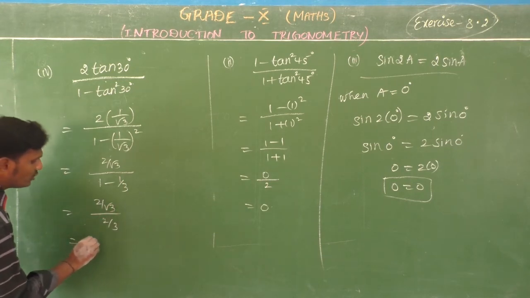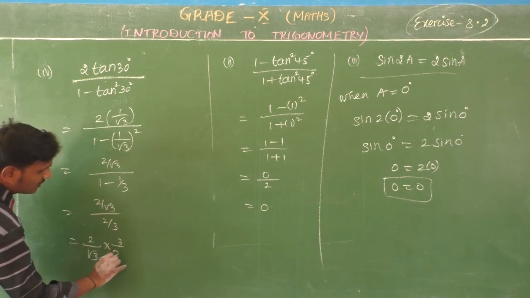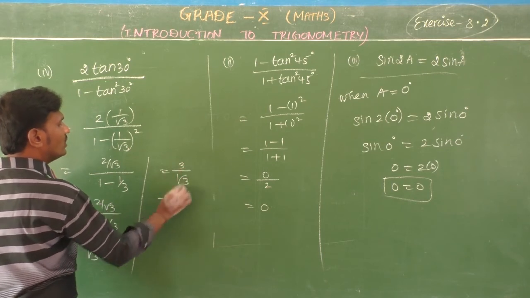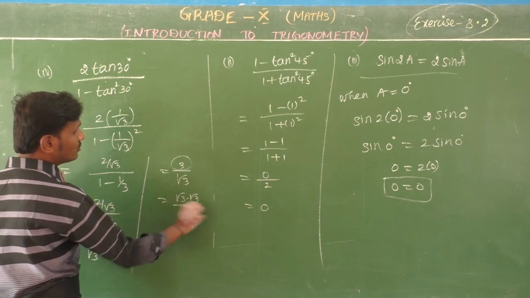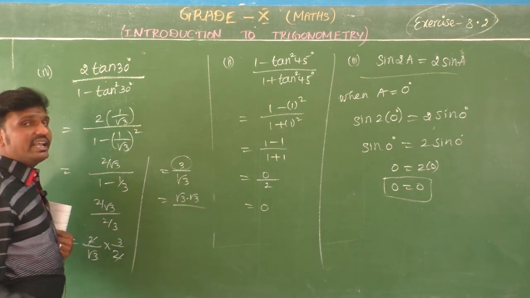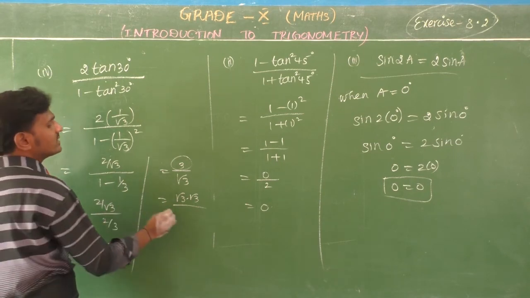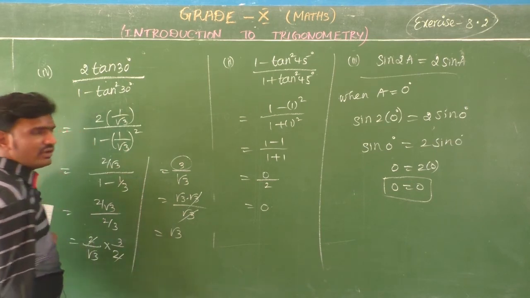Now I am going to take the reciprocal: 2 by root 3 into 3 by 2. So 2 will be cancelled. So 3 by root 3. In 3 also, sometimes I am going to take root 3 into root 3, because irrational into irrational, you get rational for the same number. So 3 by root 3, root 3 cancels, so root 3 only is the final answer.